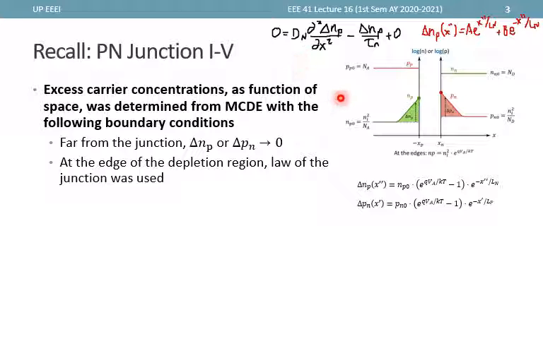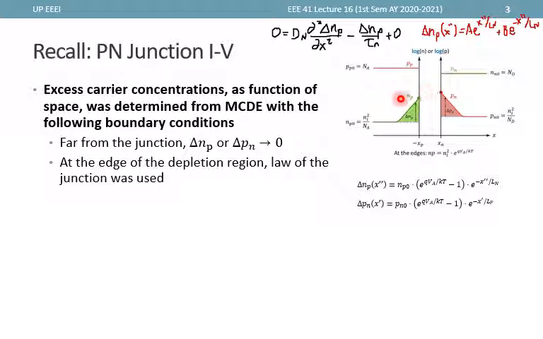So we use, for example, at the P side, this MCDE form at steady state and no light, and this is the corresponding general solution, and we use these two boundary conditions to come up with this expression here, which tells us that the excess carrier concentration decreases exponentially as you go farther away from the junction, which is shown here, the decreasing exponential. However, it looks linear since this one is in log scale.